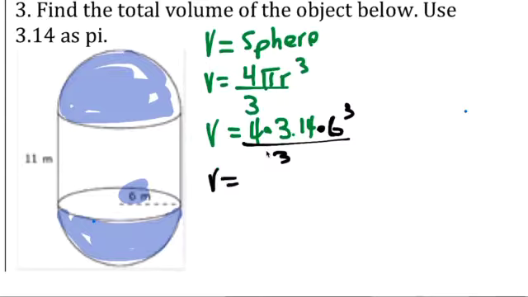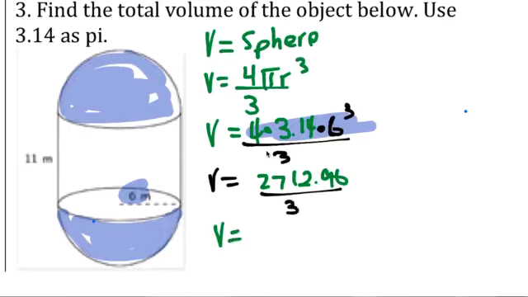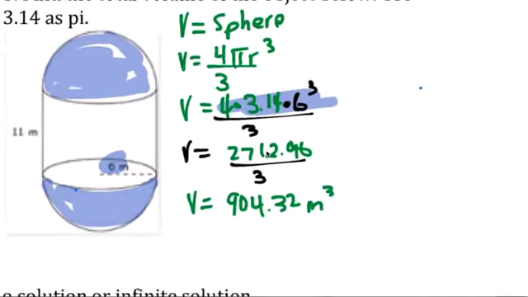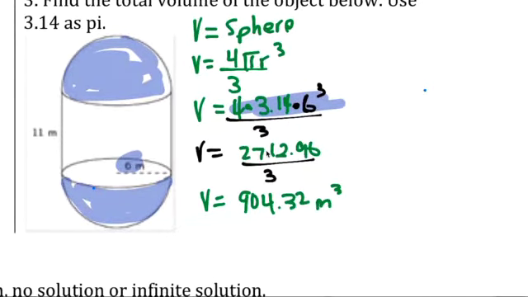So the volume of the sphere is 2012.96, that's this one. Then you divide it by the 3, you get volume equals 904.32 meters cubed.